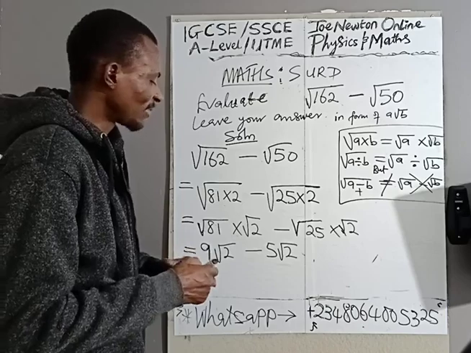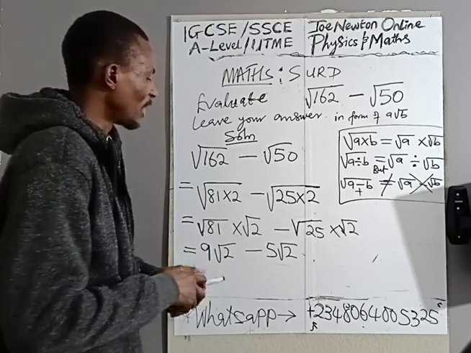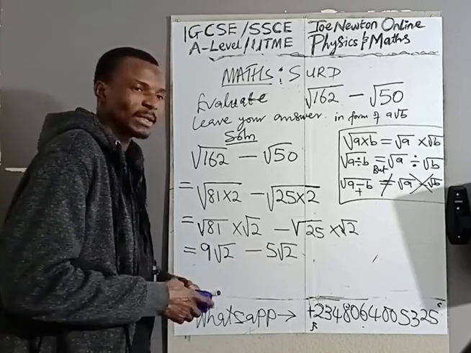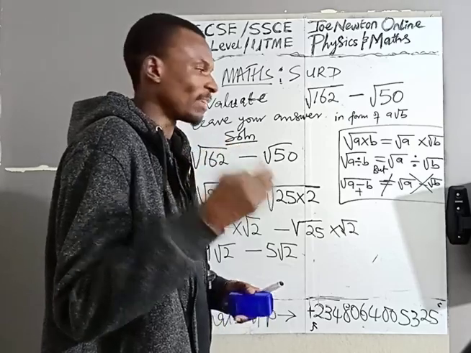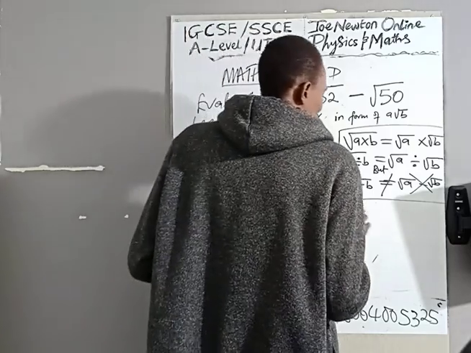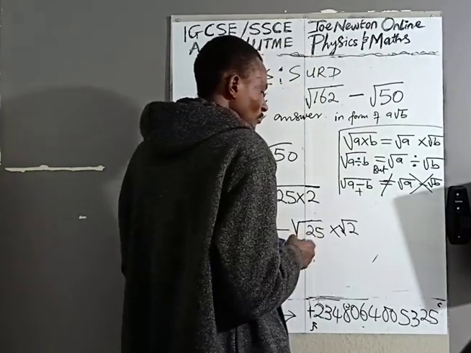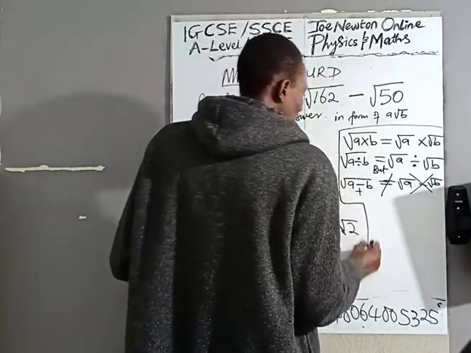Are we stopping here? If you inspect at this point, you look at it and make a judgment to know whether they are similar surds. What do you mean by similarity of surds? By similar surds, we mean something like this. Let me use this to explain it.